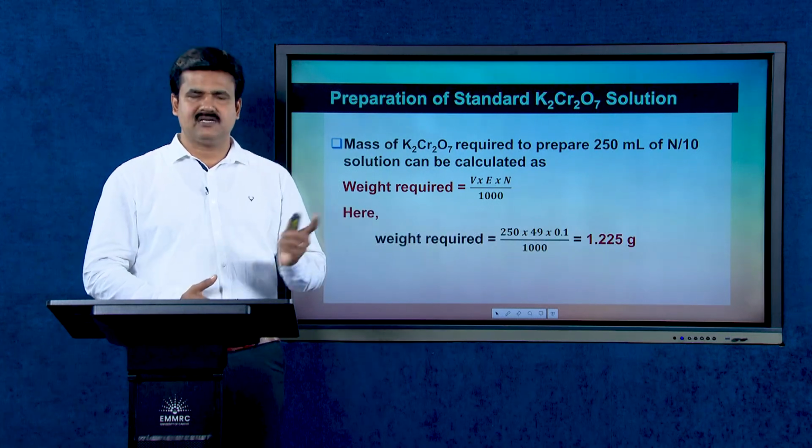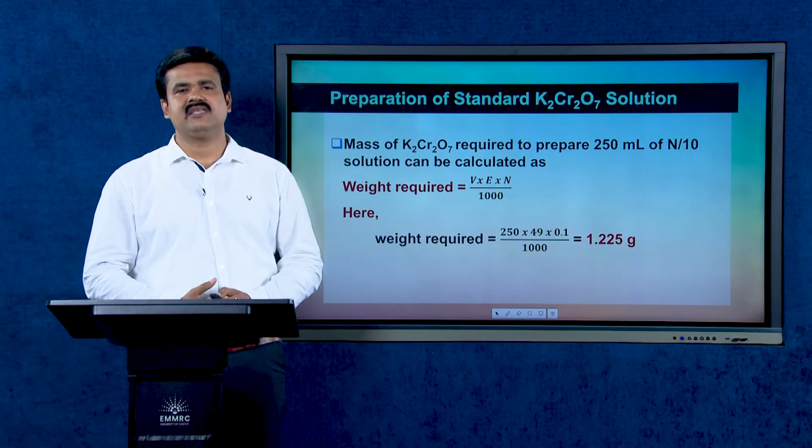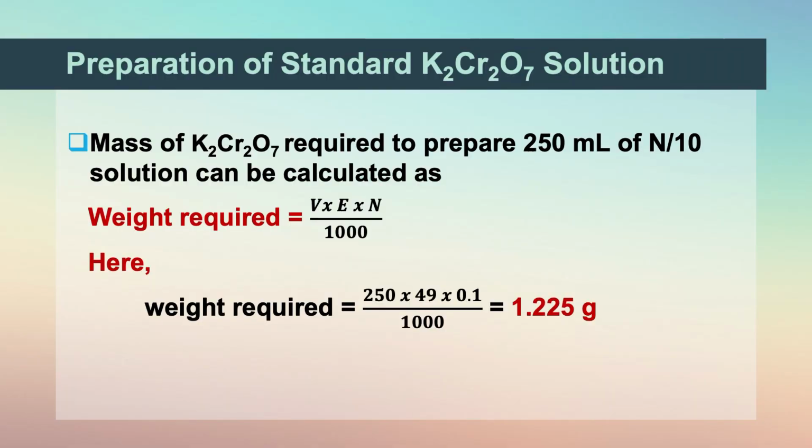Here, for the present case, weight required equals 250 multiplied by 49 multiplied by 0.1 divided by 1000. So the weight required to prepare 250 ml of 0.1 normal K2Cr2O7 solution will be equal to 1.225 gram.